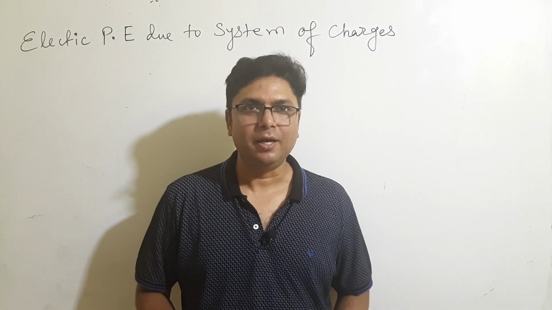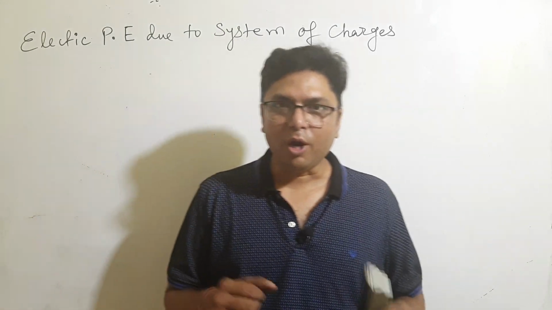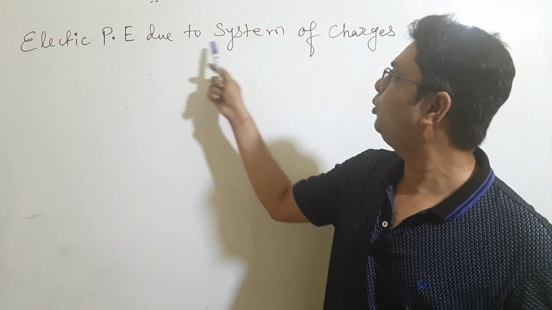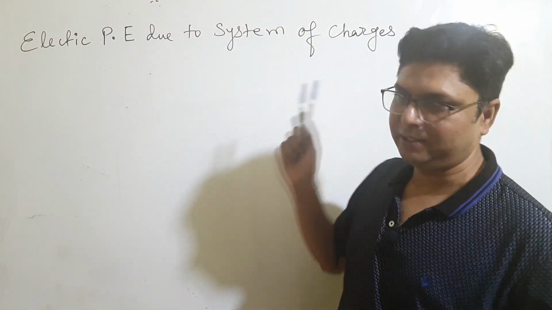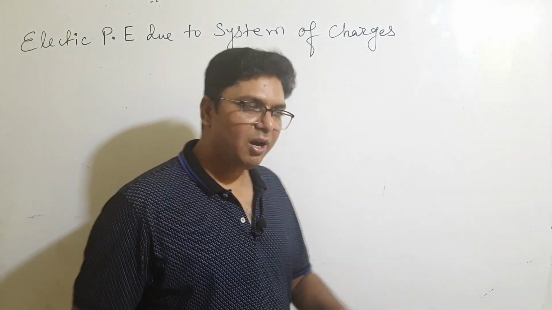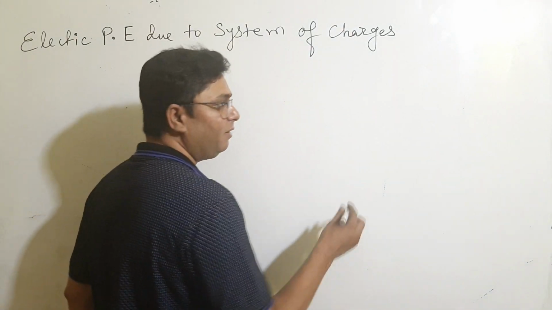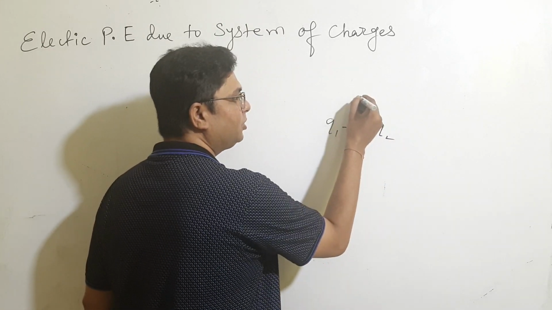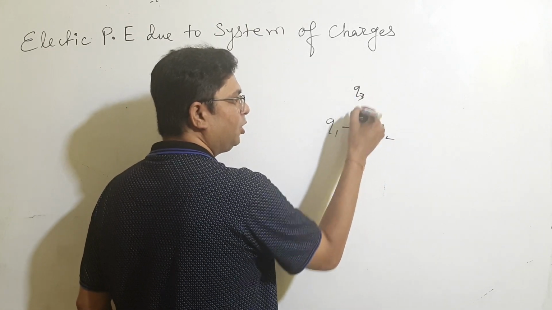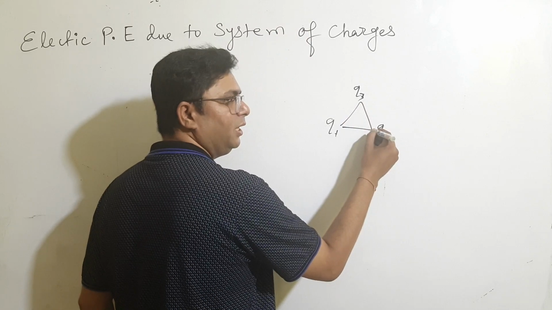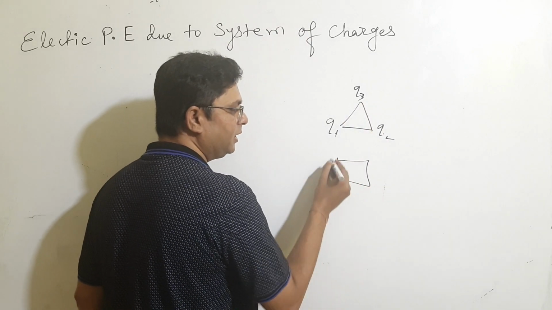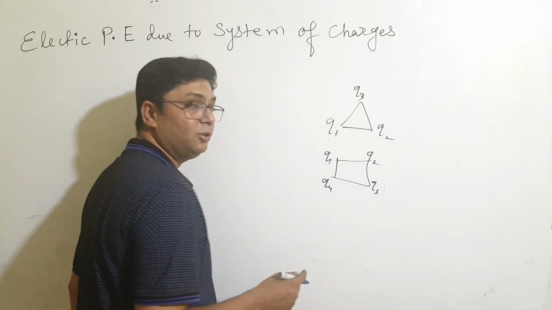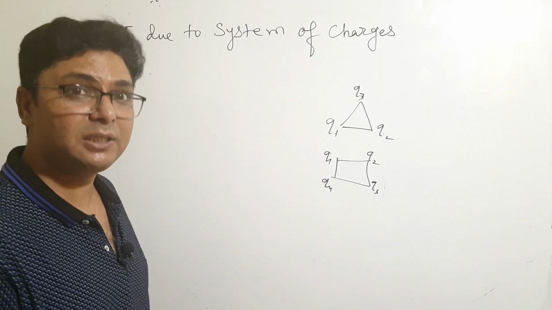Hello friends, in this video you are going to understand electric potential energy due to system of charges. This means that what will be the electric potential energy if there are two charges Q1, Q2, if there are three charges Q1, Q2 and Q3, if there are four charges Q1, Q2, Q3 and Q4, and so on, 5 charges, 6 charges.